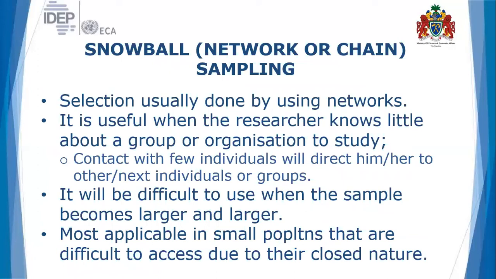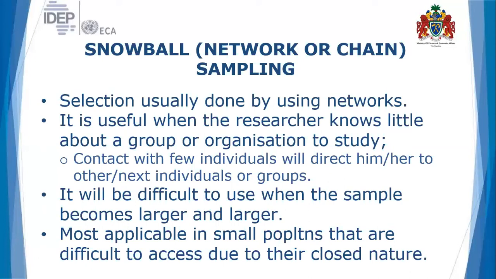Let's look at snowball, also known as network or chain sampling. Under this technique, selection usually is done by using networks. It is useful when the researcher knows little about a group or organization to study.